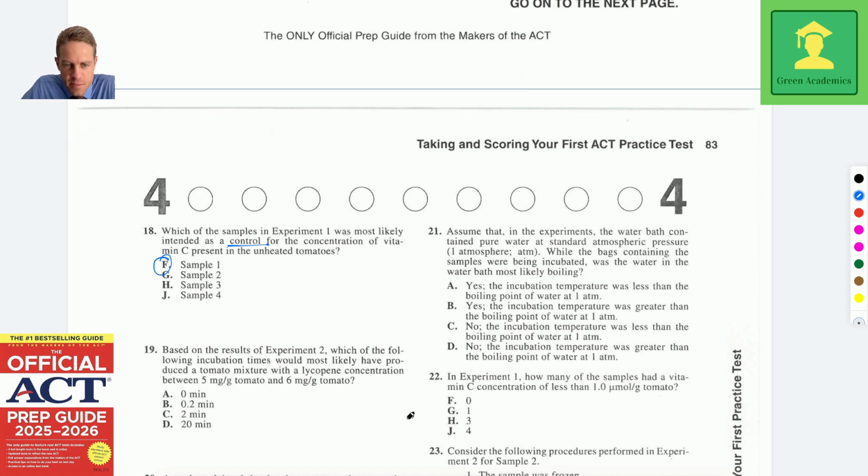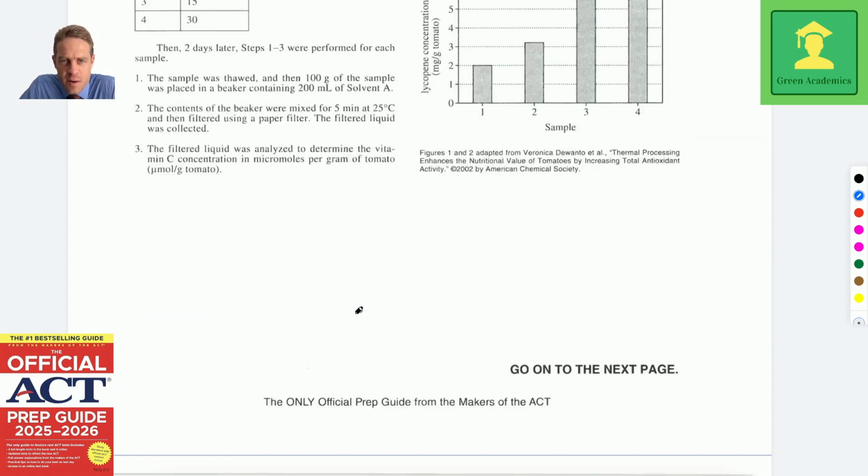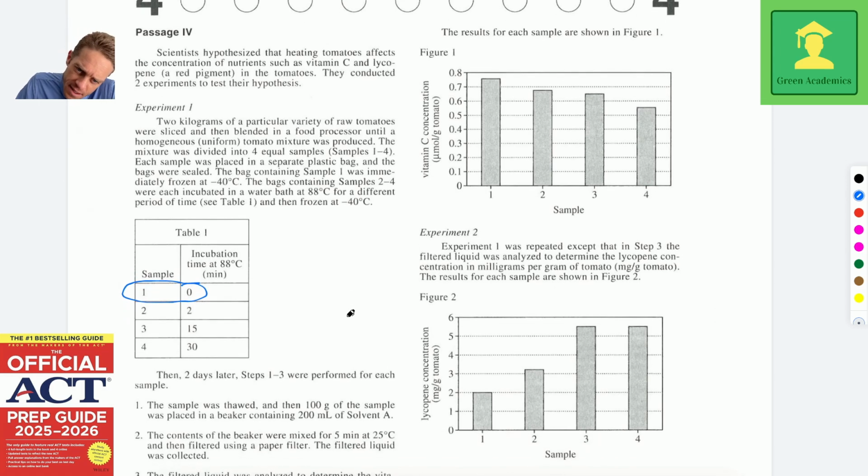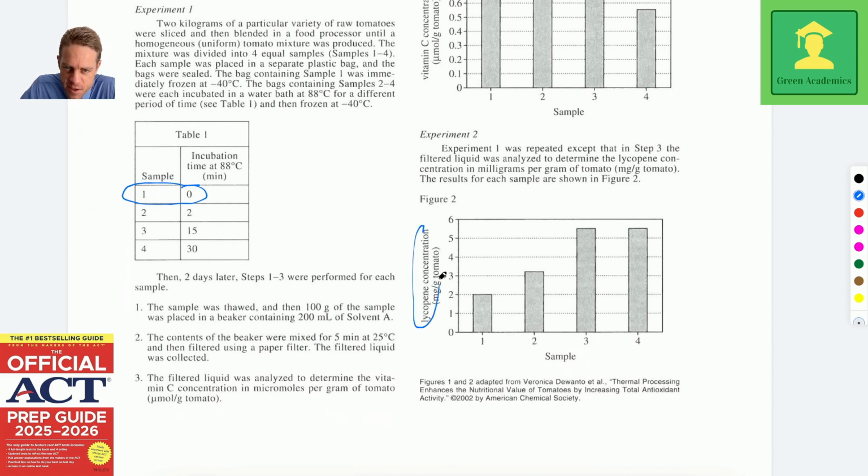Based on the results of experiment 2, which of the following incubation times would most likely have produced a tomato mixture with a lycopene concentration between 5 milligrams per gram tomato and 6 milligrams per gram tomato? I'm going to guess that this is interpolation. Experiment 2 giving you something between, so it's lycopene concentration, make sure you're looking at the correct graph, between 5 and 6.